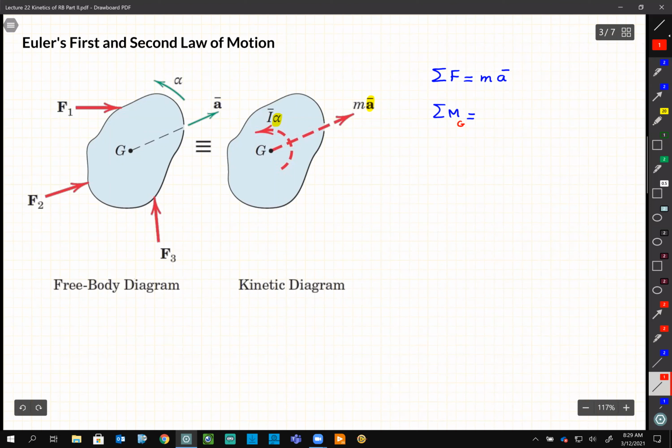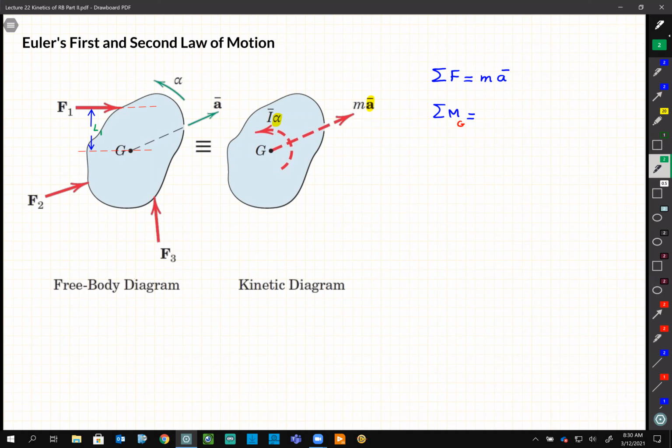So if this is F2, if I draw a parallel line to that, then this is the distance which I can calculate the moment, right? So this is L1.